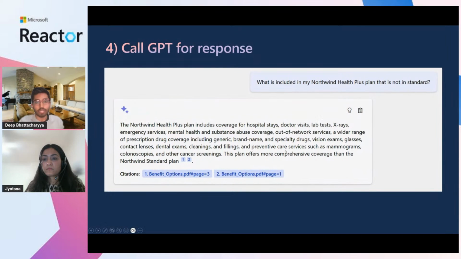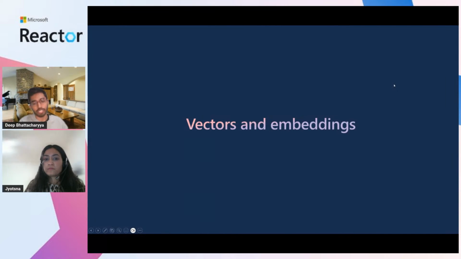So at the end, we have a result like this, where we have the citations from the relevant sources, and the actual results. In this case, it says that the Northwind Health Plus plan includes coverage for hospital stays, doctor's visits, lab tests, etc. And it also says that this plan offers more comprehensive coverage than the Northwind Standard plan, which is what we asked initially.